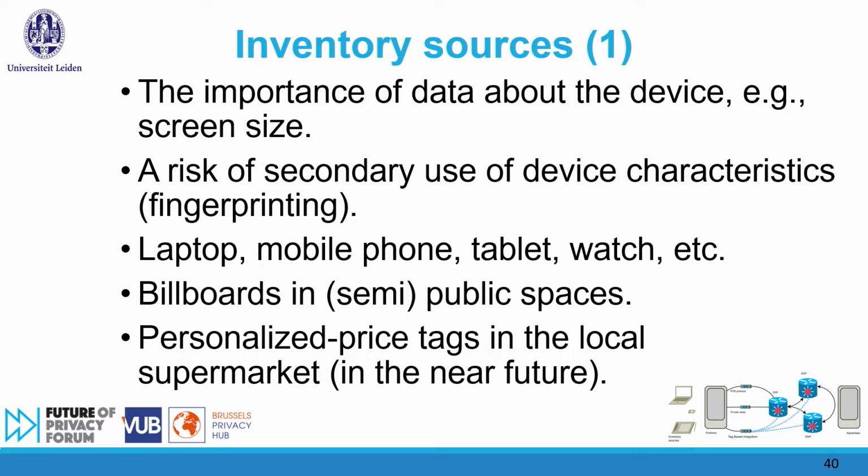So the takeaway of this list is that if you have a screen, you have an opportunity to communicate with a prospect or potential customer, and you can offer them a personalized marketing message. And the inventory sources are the space where the real-time bidding system connects in order to display the ad.